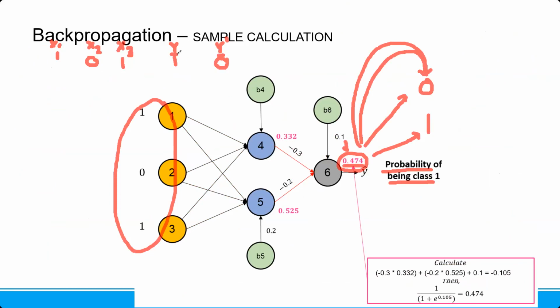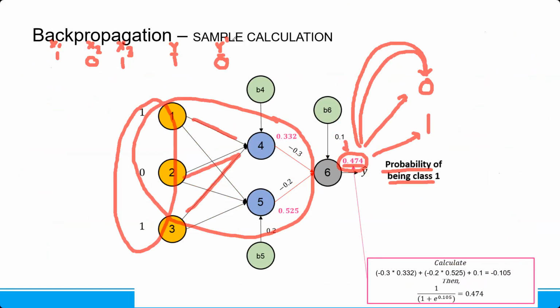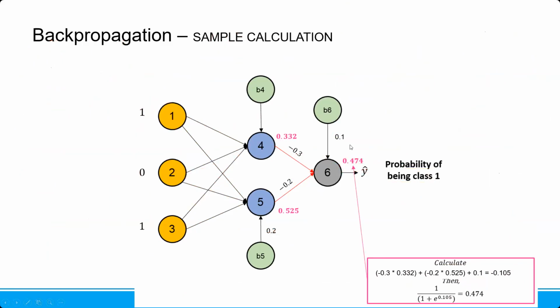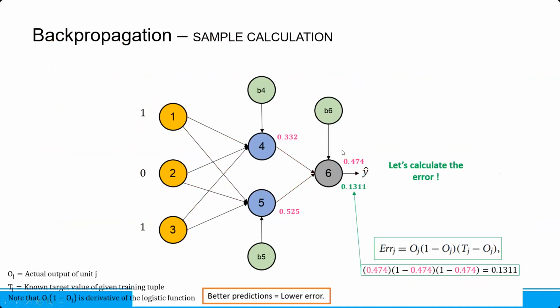In order to make it the same as the actual, we want to learn, we want to adjust the weight, or change this property, to find the best weight so the prediction result is closer to 1. So we need to improve this number. Then we can find the error.